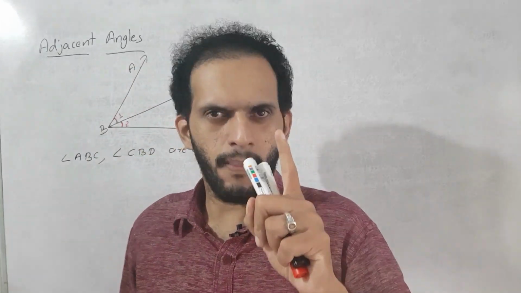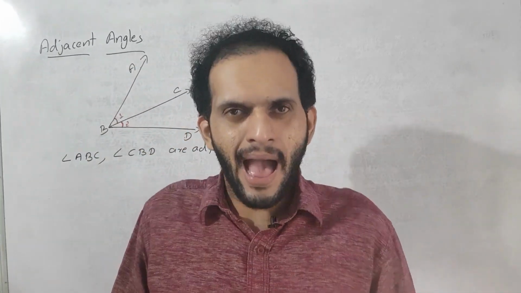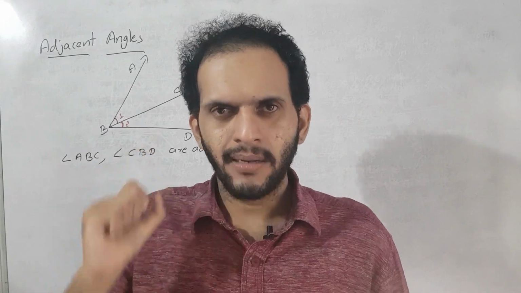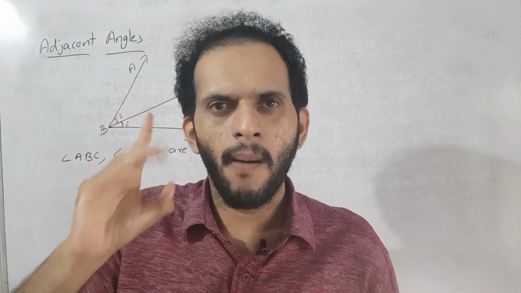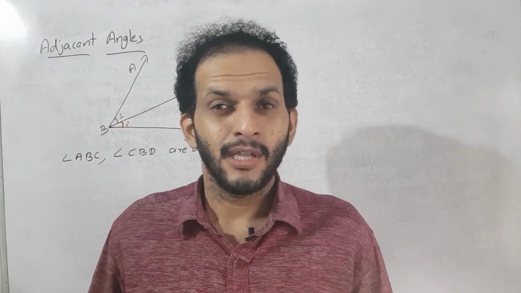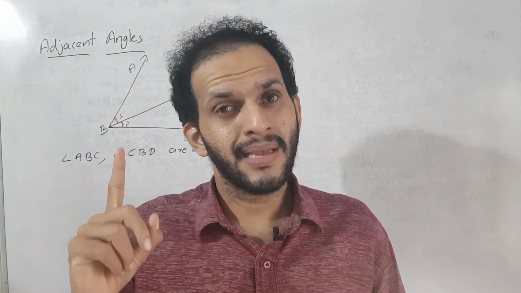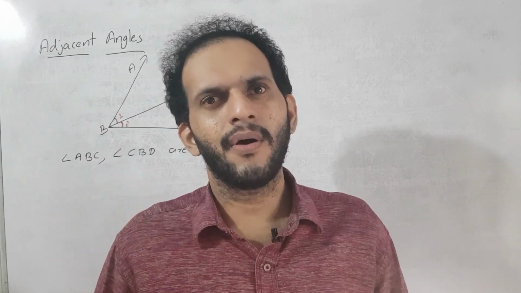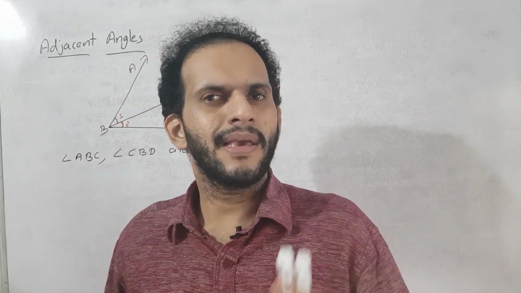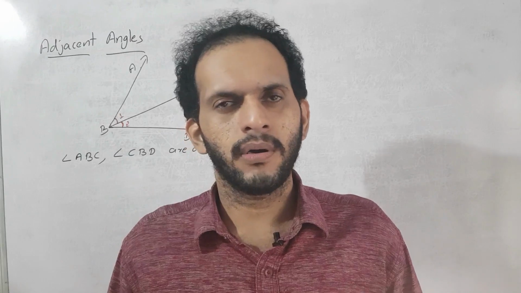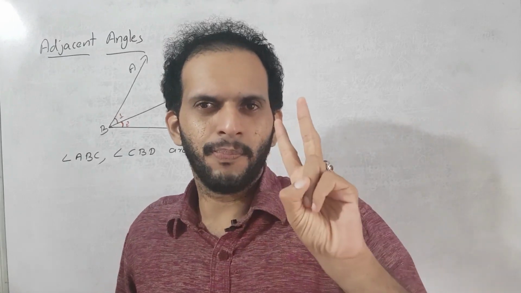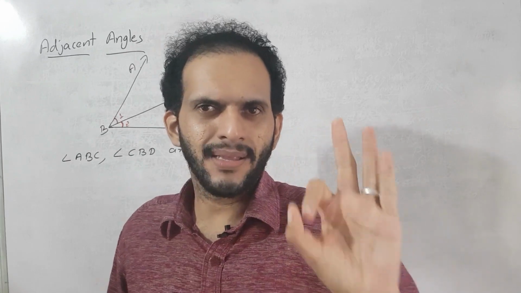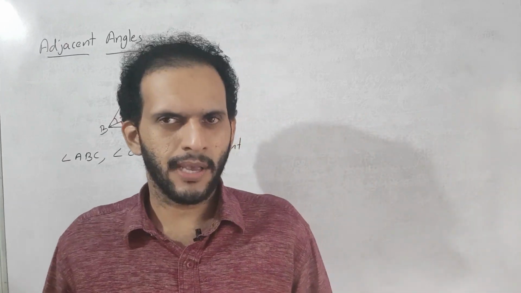And the two angles have a common arm, and the non-common arms lie on either side of the common arm. Then only the pair of angles is called adjacent. If a pair of angles satisfies these three conditions, what are they?